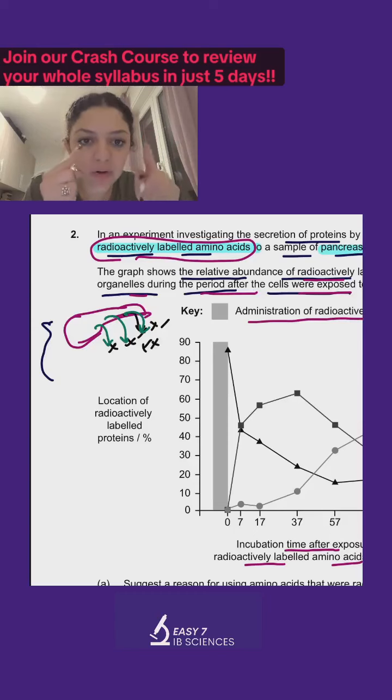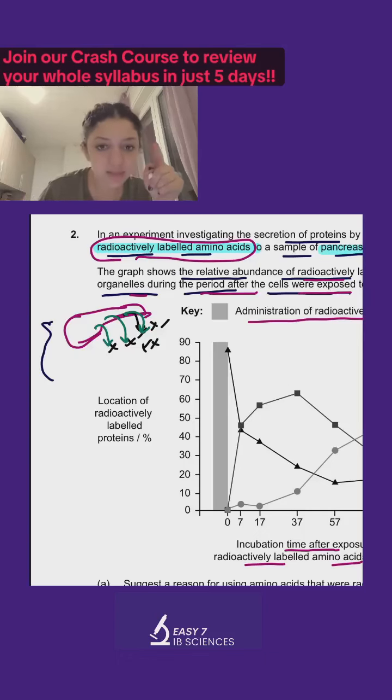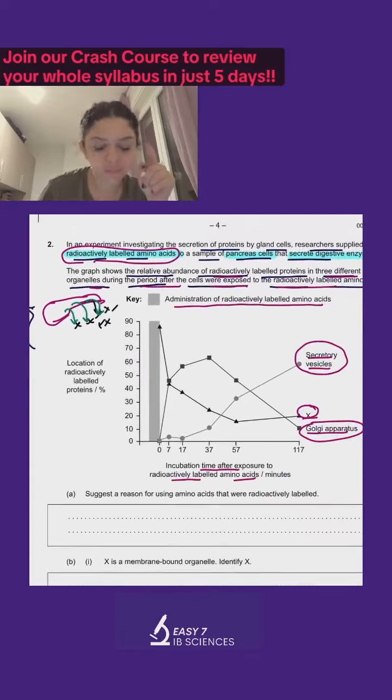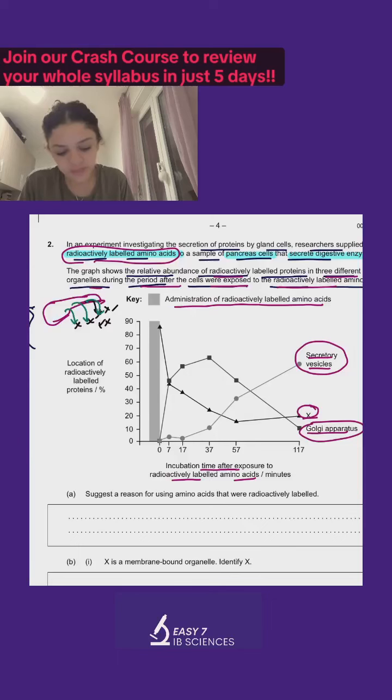So we can actually monitor the amino acid as it's moving through the pancreas, okay? So the point is that this pancreas digested the amino acids, took in the amino acid, and then used the amino acid to create proteins. And once it created those proteins, we can see where the radioactivity traveled.